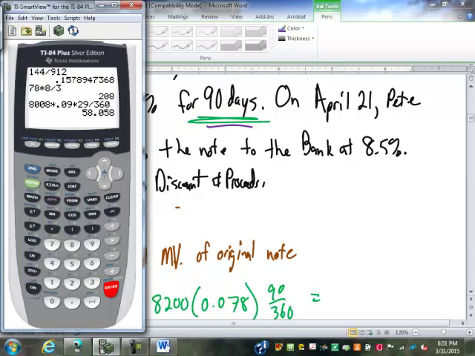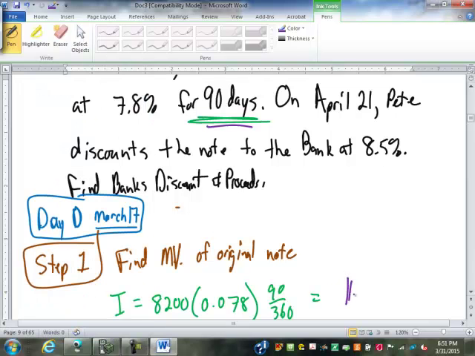You don't have to worry about the April and the March dates yet. It's just the original 90 days was what the terms of the original note was. So we're going to punch that in: 8,200 times 0.078 times 90 over 360 gives us $159.90. Is that what you guys get? $159.90.